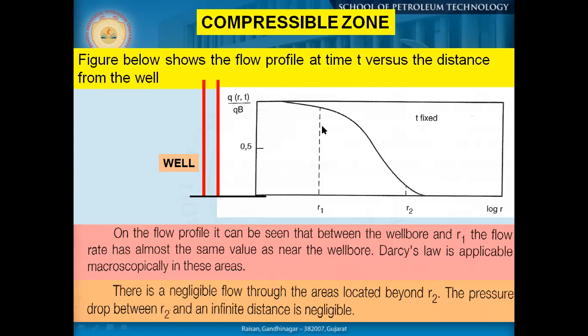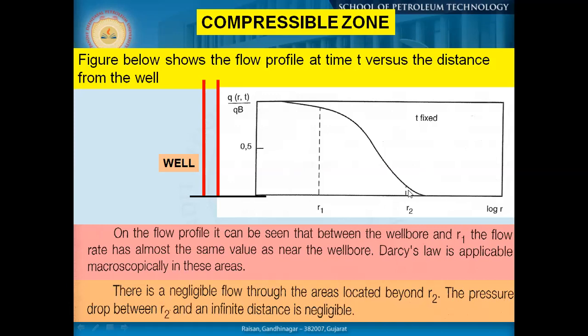Here you see this is Q by QB, where QB is the reservoir volume and Q is the surface volume. A value of one means the production you are taking is completely supported by your reservoir. If I take a specific time, in this graph the time is fixed. This part has completely taken part in the total flow. That means near the wellbore up to this area, or you can consider the dotted area up to R1, the reservoir has supplied totally to the flow.